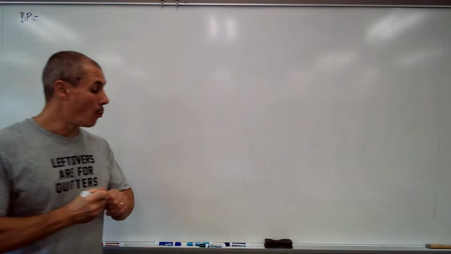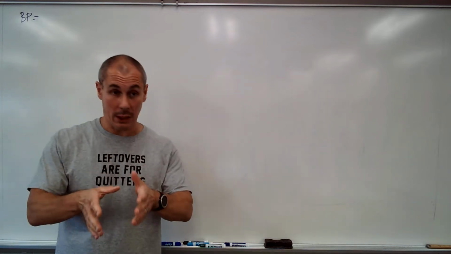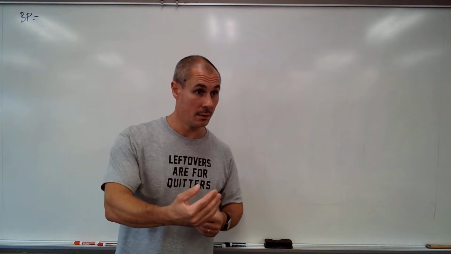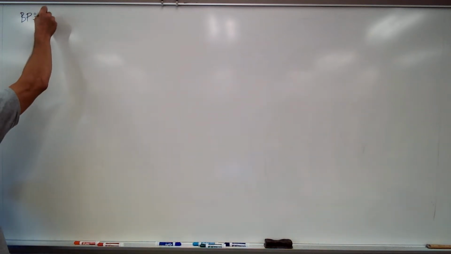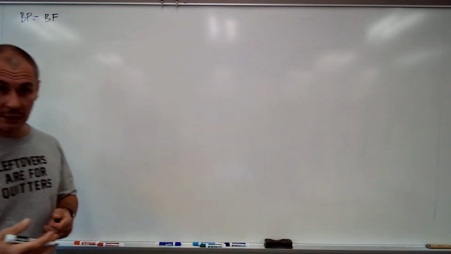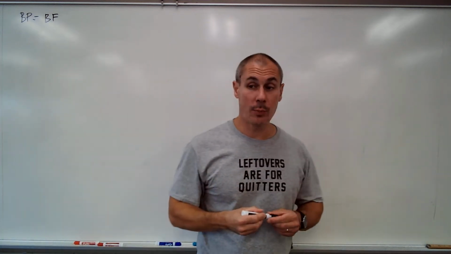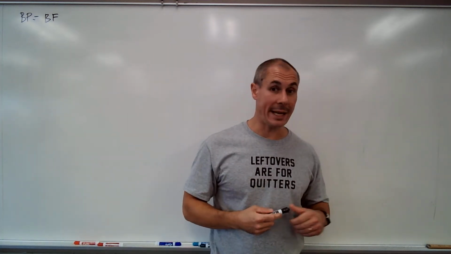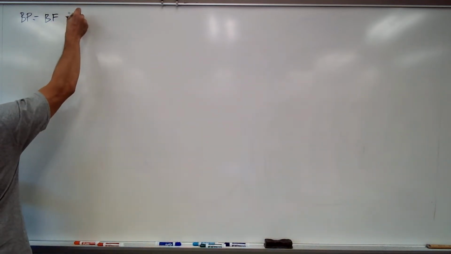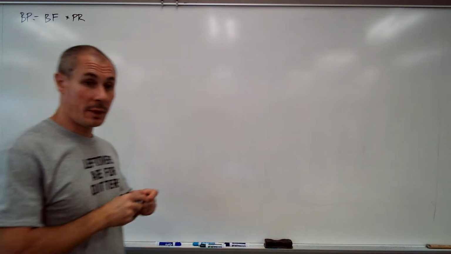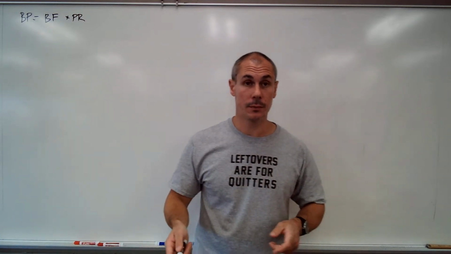And not just how much, but how much in a minute. So it's blood flow, right? It's proportional to blood flow, and it is proportional to what we call peripheral resistance. Let me explain what peripheral resistance is.